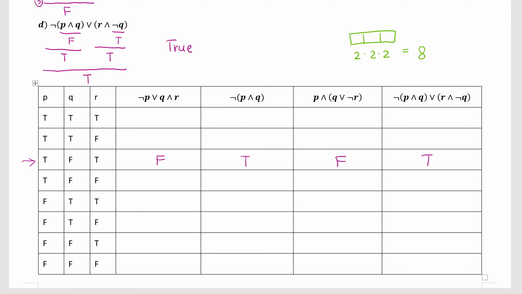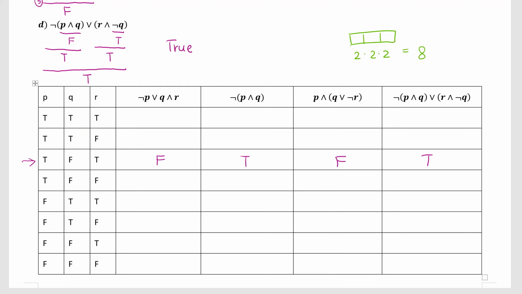When you draw the truth table, first you look at P. 8 divided by 2 is 4. That's why you put 4 T here and 4 F there. And then next is Q. You put 2 T, 2 F, 2 T, 2 F there. And then for R, you put T F, T F, T F, T F, alternating. In this case, you will have all the possibilities. So this is the way we draw the truth table.